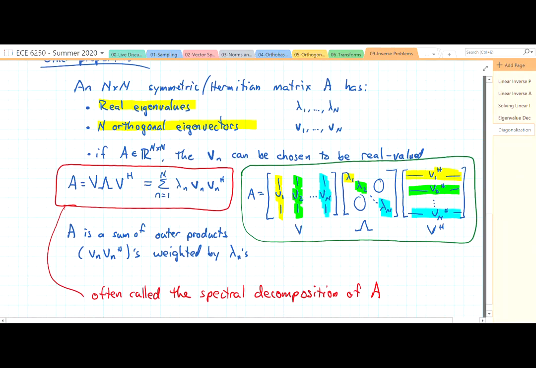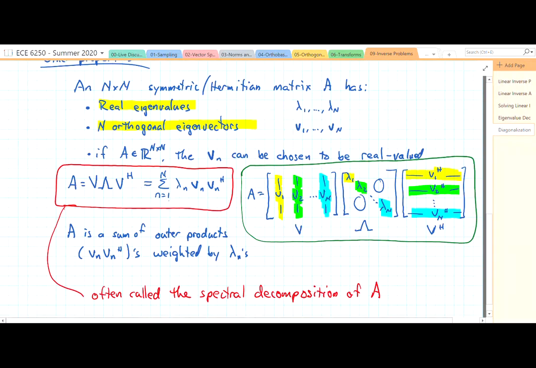So when we are done with this operation, multiplying V times capital Lambda, each column is now going to be the same as it was before, the columns made up of the eigenvectors multiplied by their respective eigenvalues. When we then multiply it by V^H, we now are forming an outer product of each of these eigenvectors with itself, scaled by the eigenvalue.